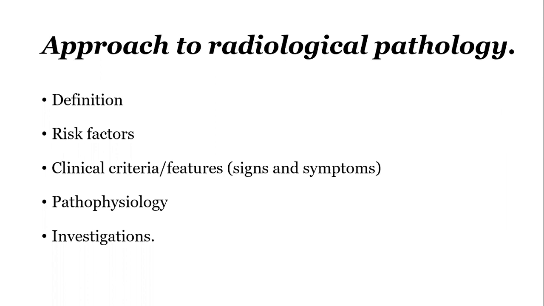Then what is the clinical criteria? How do you come to know this disease is this? How does it present? The signs and symptoms? And epidemiologically, what are the exposure factors, or what are the exposures to this disease? Exposures, you may as well take to be some of the risk factors.